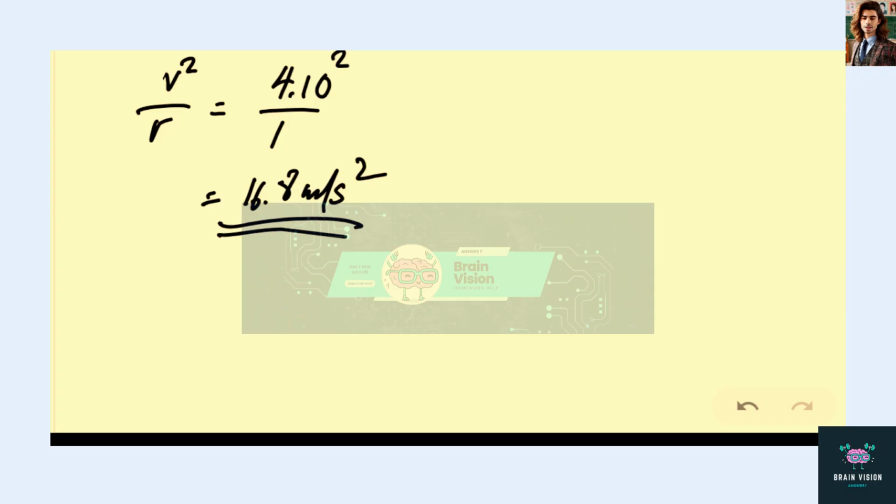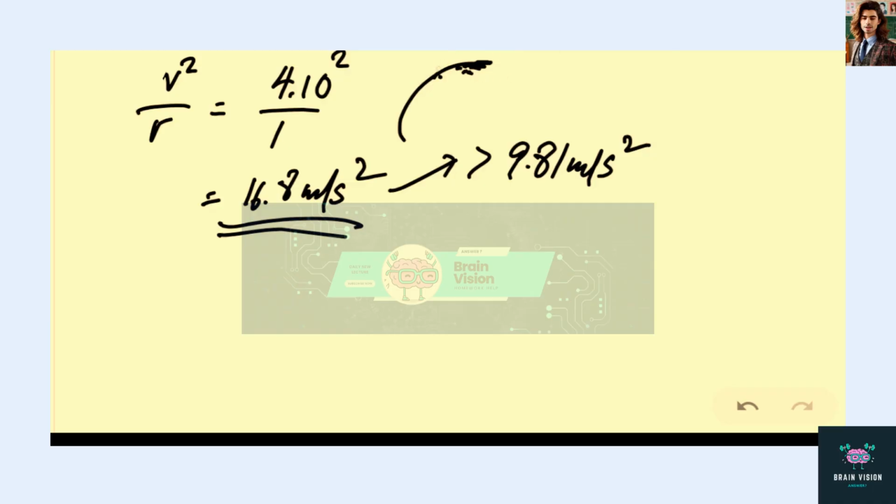Now remember that this is actually greater than our gravitational acceleration of 9.81, which means that gravity alone is not enough to keep it in circular motion even at the top of the track. So at the top of the track, if it's just gravity, it will not be in circular motion.